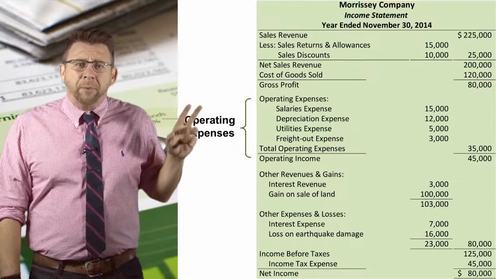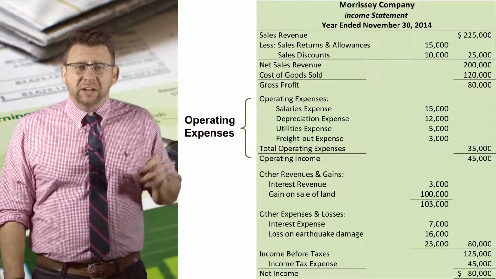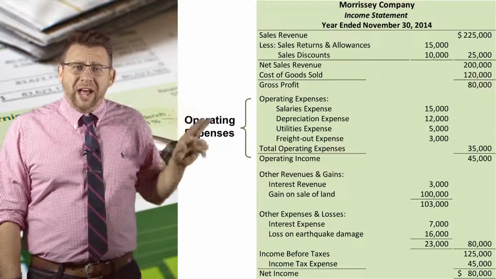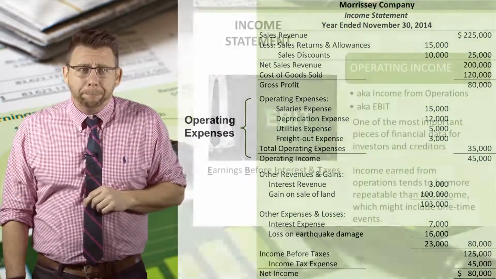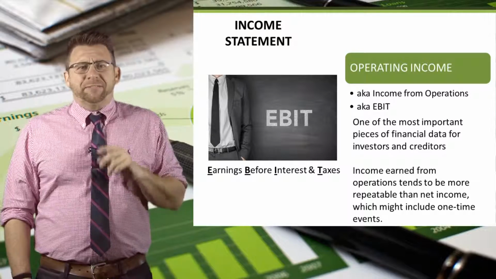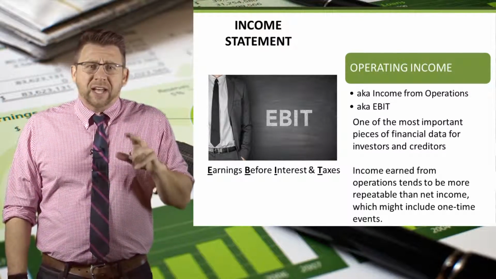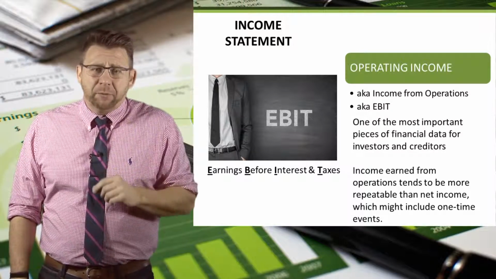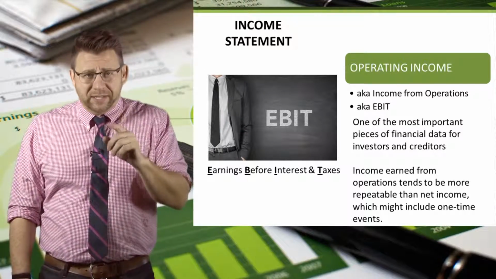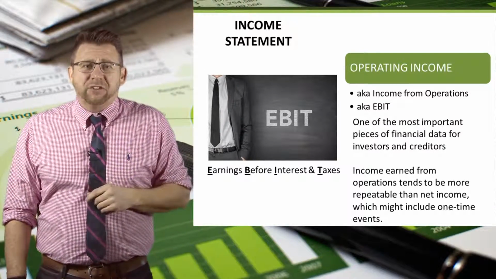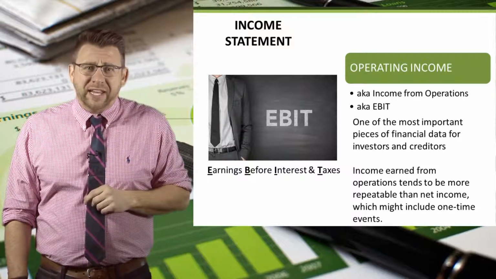So here, operating expenses are deducted from gross profit to arrive at operating income. Operating income has a few different names that you might hear from time to time. It is also known as income from operations, or EBIT. EBIT stands for earnings before interest and taxes.